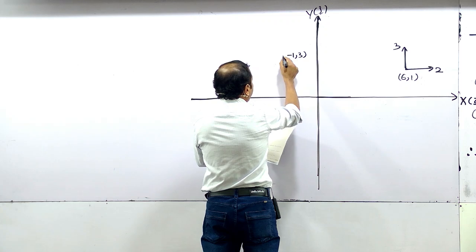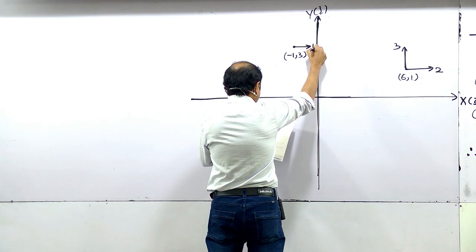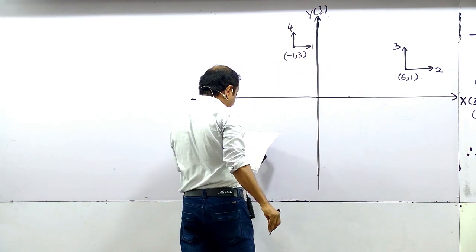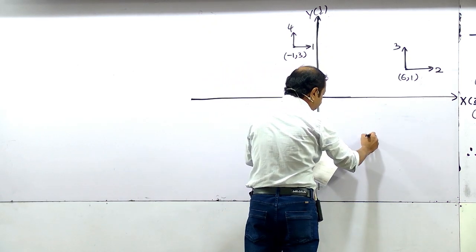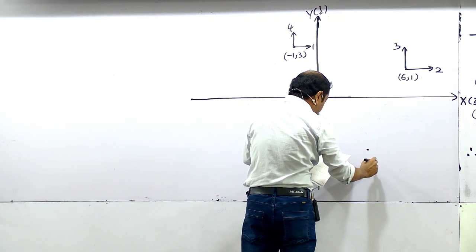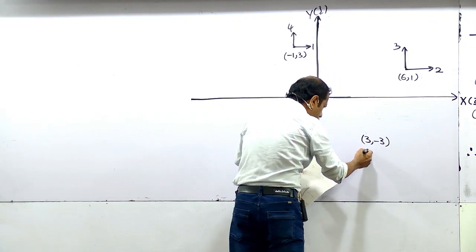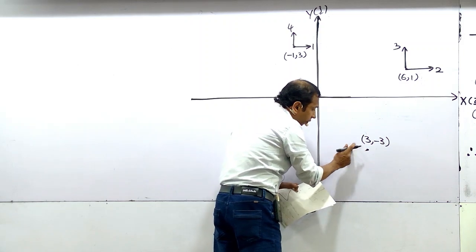At the point -1, 3, the force rightward 1, upwards 4. At 3, minus 3, the two forces are leftward 2. Right, people stop talking.